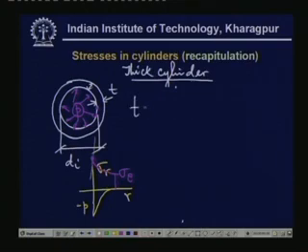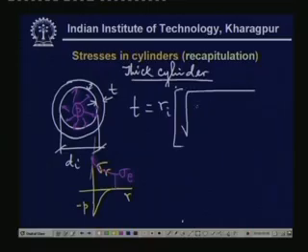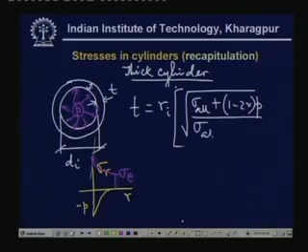That is, here T is equal to Ri times under root of sigma allowable plus 1 minus 2 nu times P divided by sigma allowable minus 1 plus nu times P, minus 1.